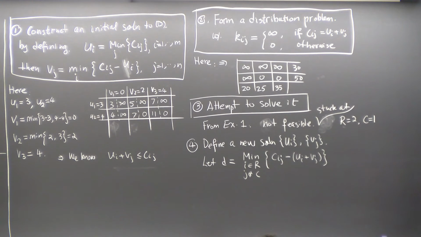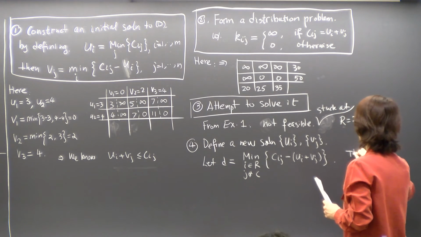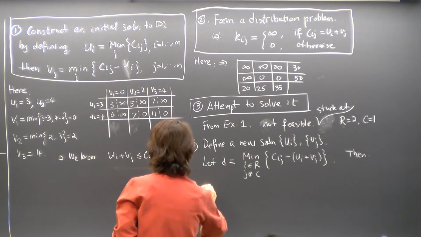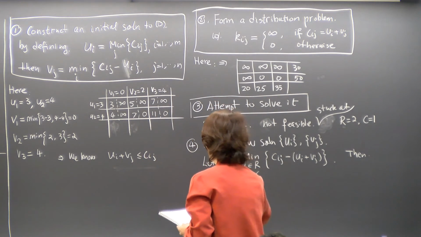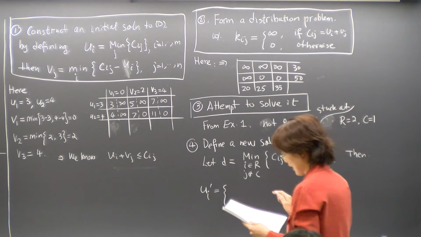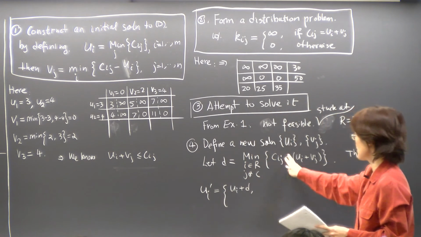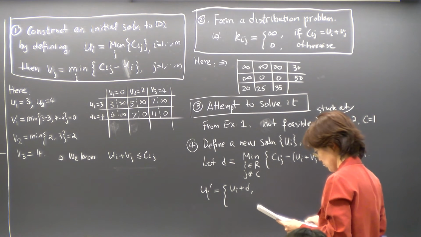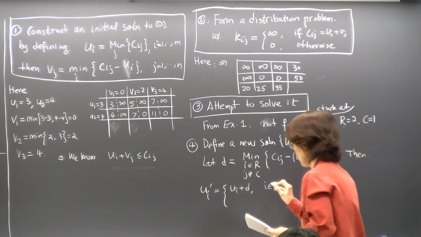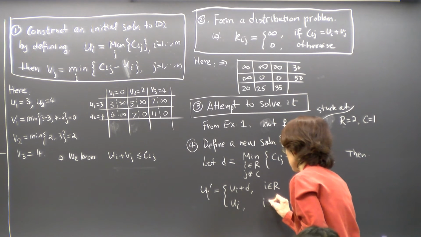I want to compute that amount and find the minimum of them. Is that okay? Once I have that, I adjust the u. So what do I adjust? The ui is changed: you add that d to the ui, so I will have ui plus d, if i is in the set R. This d will never be negative, that's for sure. You do nothing to ui otherwise.